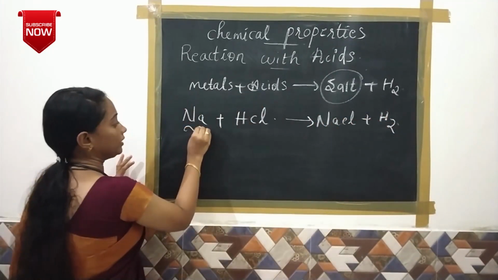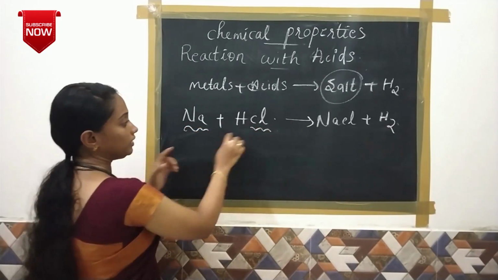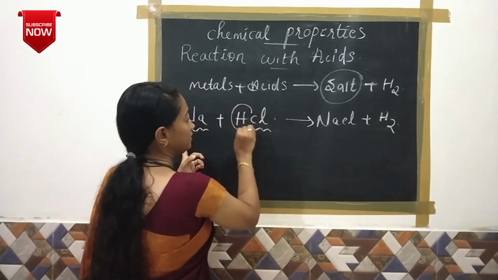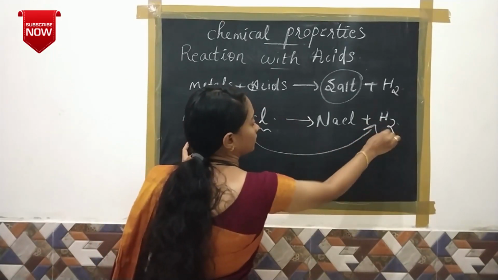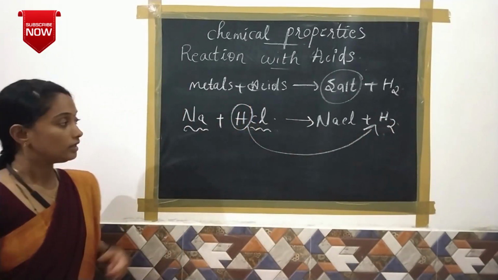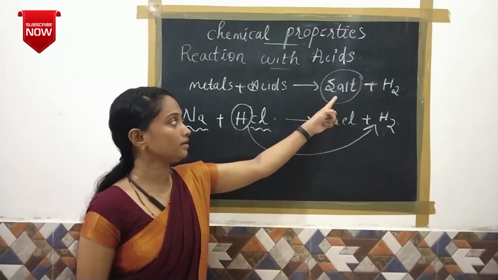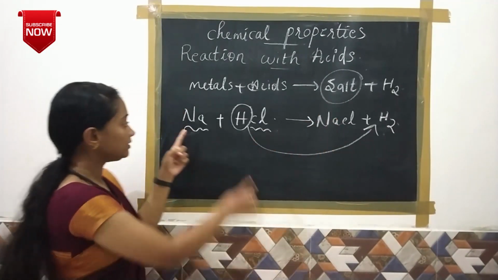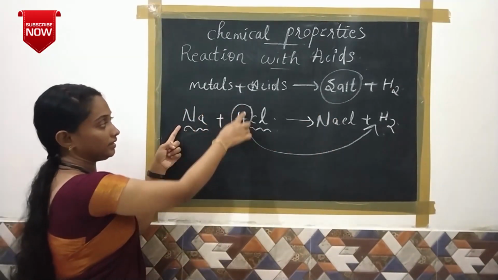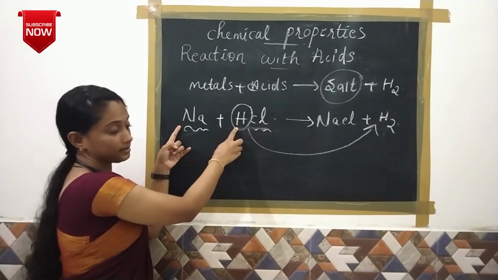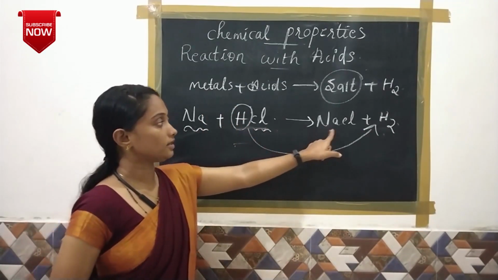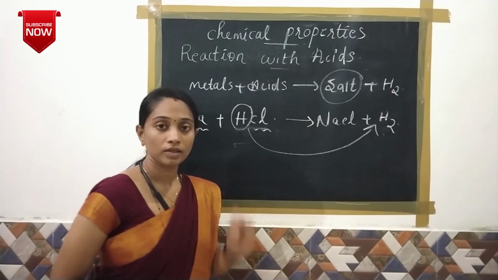The sodium combines with the chlorine to give sodium chloride, and the hydrogen is released as hydrogen gas. So sodium chloride is named as a salt, since the metal has replaced the hydrogen in the acid. Sodium chloride is an example of a salt.